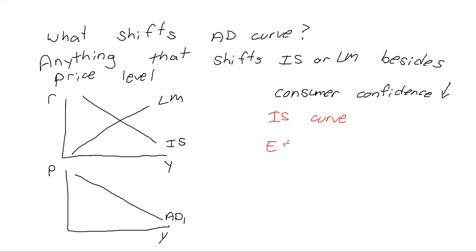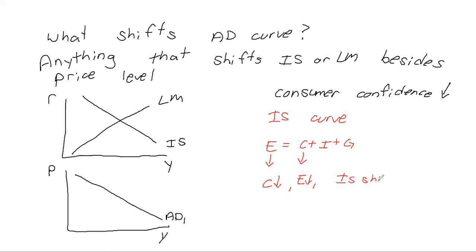So let's take E equals C plus I plus G. We know that consumer confidence is embedded in consumption. So if we decrease consumer confidence, that decreases consumption and also decreases the expenditure. So we know C decreases, which leads to a decrease in expenditure.